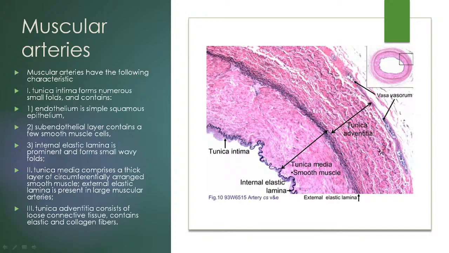Tunica Intima consists of endothelium, which is simple squamous epithelium, a subendothelial layer that contains a few smooth muscle cells, and internal elastic lamina. Internal elastic lamina is prominent and forms small wavy folds.